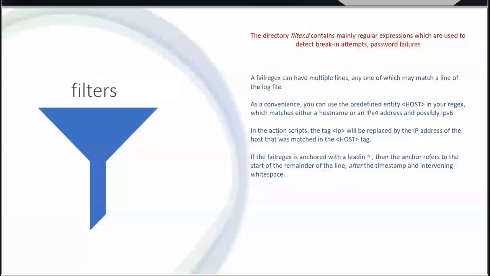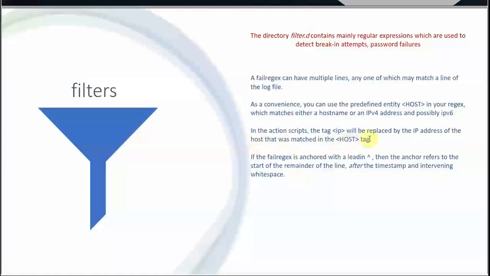As we said, we should specify the host, which matches either a host name or an IPv4 address, and possibly IPv6. And in the action script, the tag IP will be replaced by the IP address of the host that was matched in the host tag.